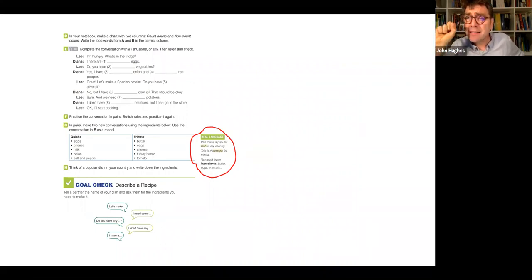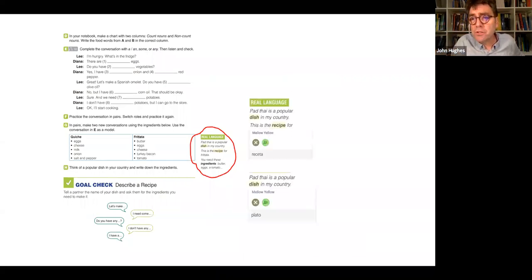But it has this nice sticky note feature where students can add notes to their ebook. And for example, they could write the translation. So this student's written the Spanish translation of a dish and recipe, but they might write other things. They might write the definition or whatever. So little features they can just add on to help the information exchange.